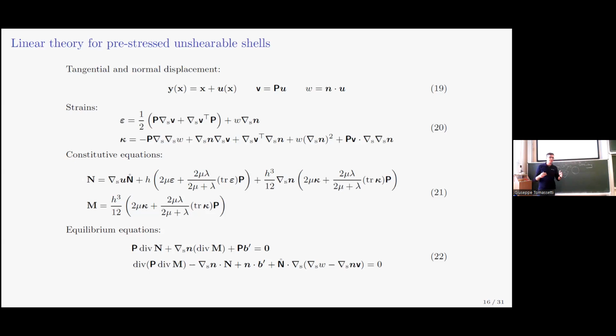Because the thing is that I want to study the vibration of the eye when the eye is pressurized. So which means that the reference configuration that I have to use is not stress-free. It equilibrates the internal pressure, and this internal pressure generates a membrane tensor, which is isotropic, which I denote by N circle. This circle means the pre-stress.